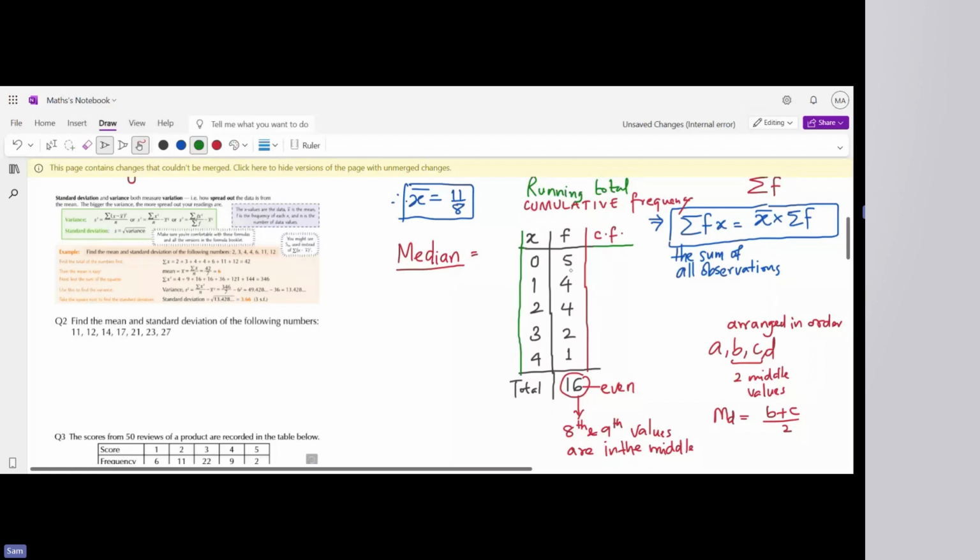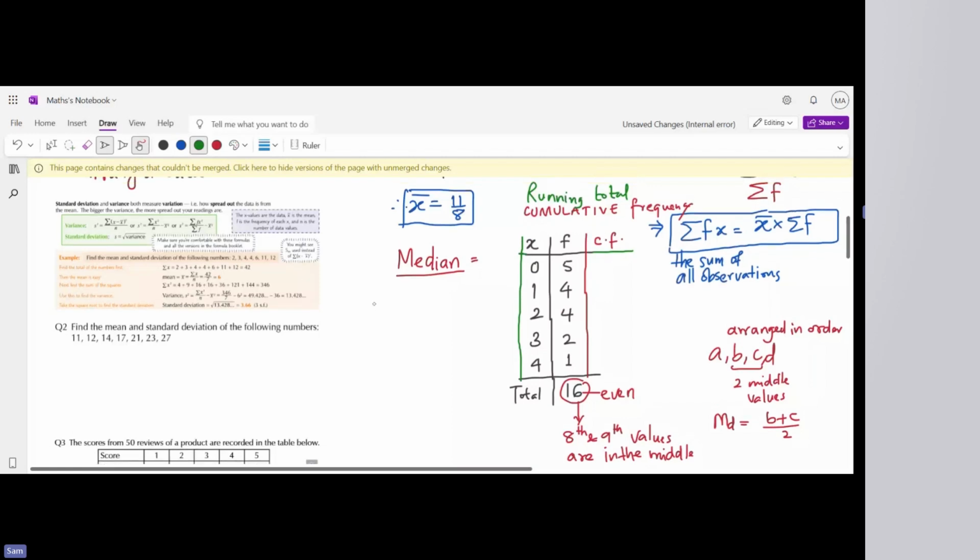Let's say X is the number of absent days, and F is the number of students.